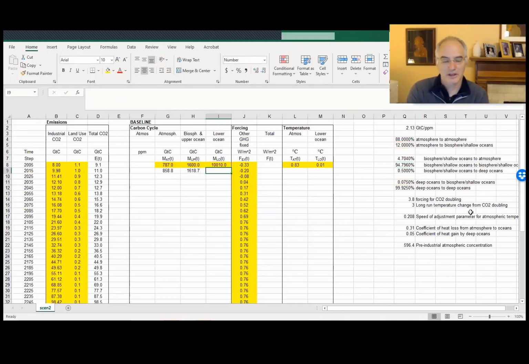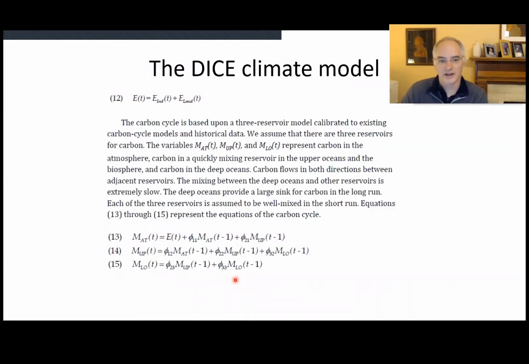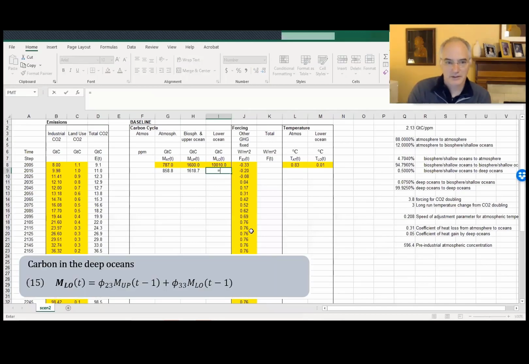And then I'm going to do the same sort of formula for the lowest layer, which is just going to be the amount in the middle times the coefficient plus the amount in the bottom times the coefficient. That is, it's going to be this amount in the previous period times the amount that gets transferred to the deep oceans, plus the amount that was in the deep oceans times this very large fraction that stays.